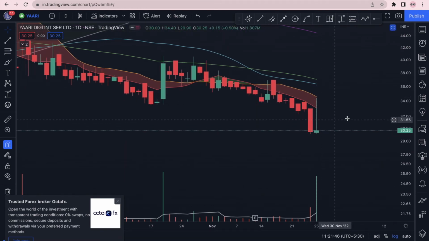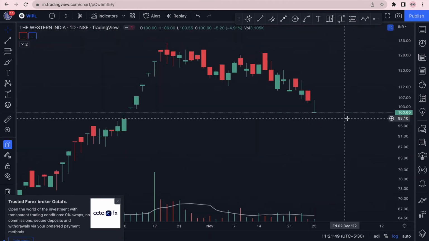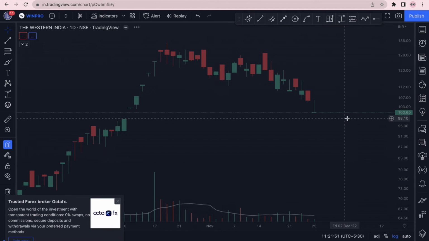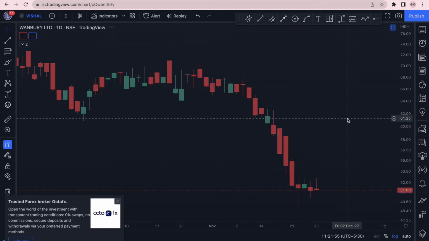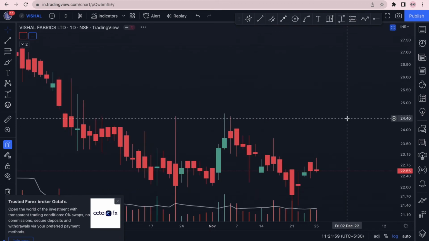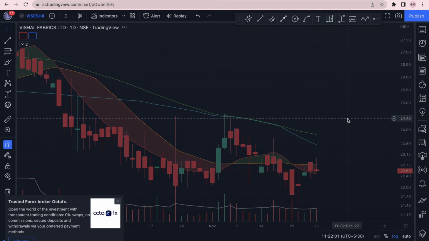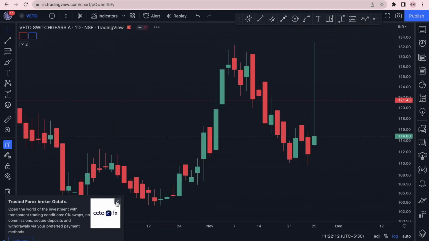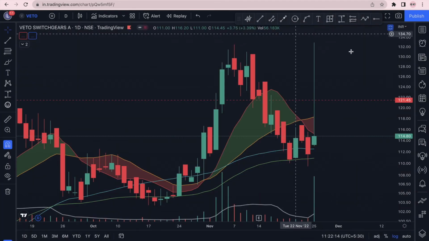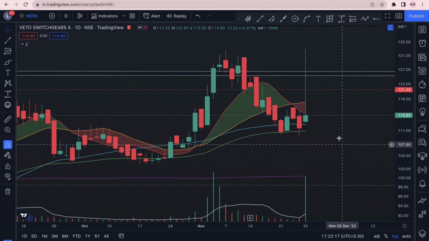See, there's a bearish pin bar, bearish pin bar, bearish pin bar, more bearish pin bars. Whoa, ultra bearish pin bar.